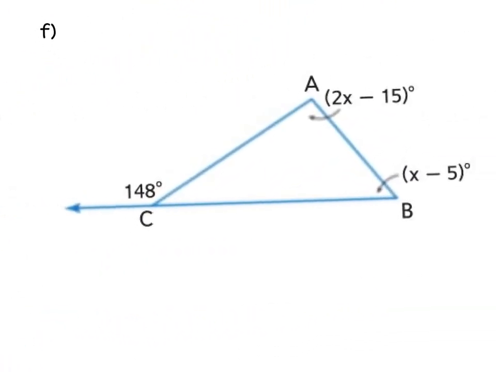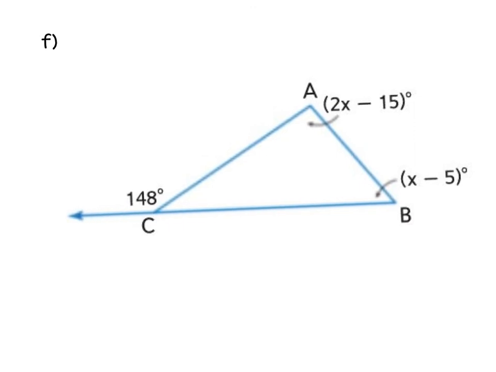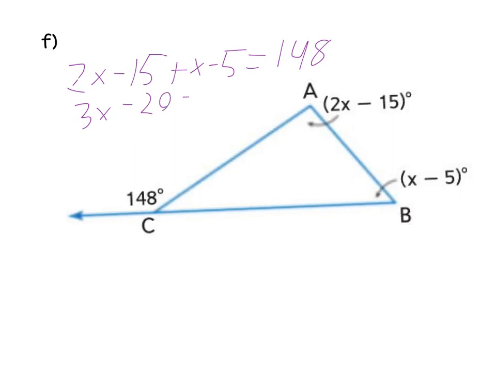In F here, similar setup. We've got two internal angles that we know and one external angle. So we're going to set this up accordingly, such that we have 2x minus 15 plus x minus 5 is equal to 148. 3x minus 20 is equal to 148. x is equal to 56.